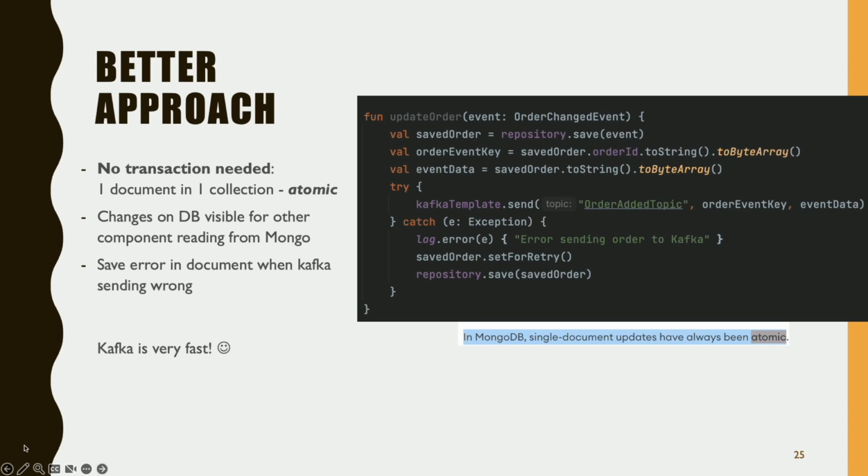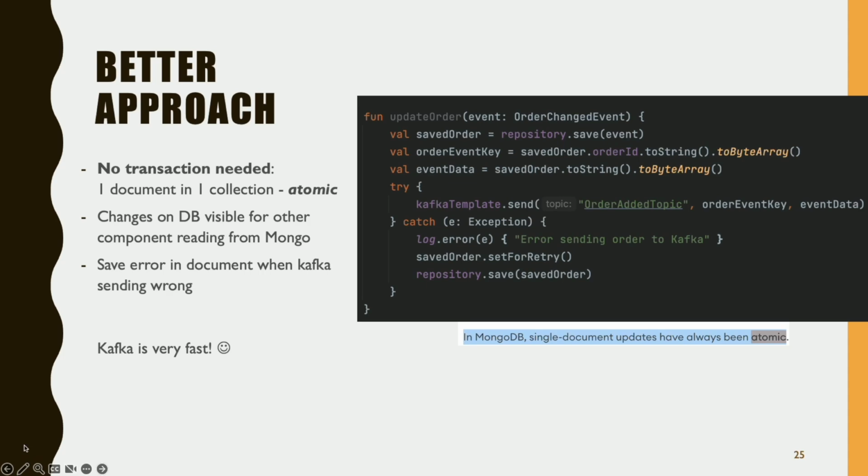A better approach is leveraging the atomicity of a single document, because if we are just updating the order document, we are focusing only here, so we don't need any transaction at all. And it's always good to handle any negative scenario, however we like, but in a more conscious way, with more control over what we are doing.